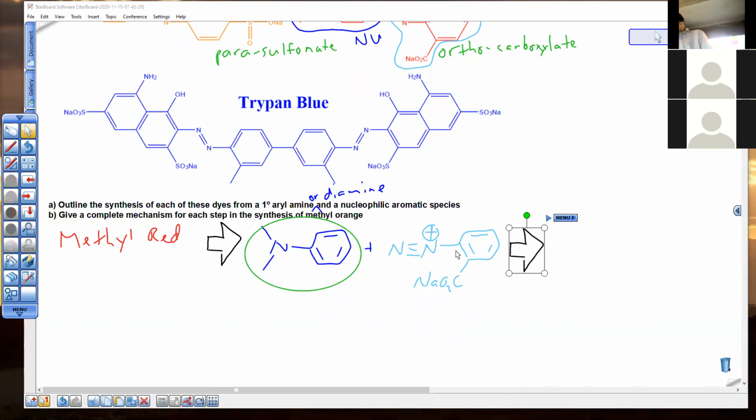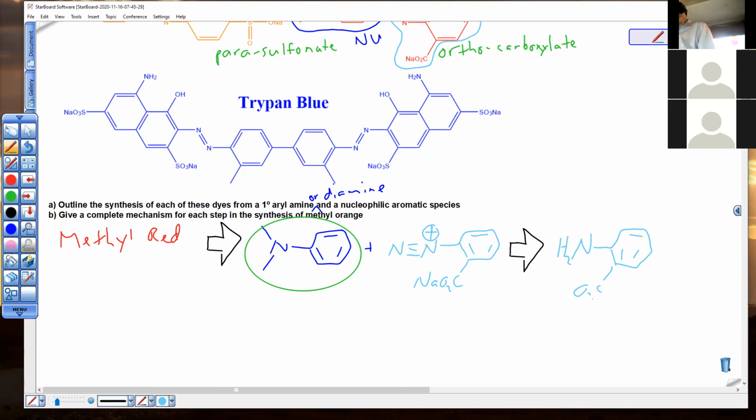The diazonium electrophile comes from an NH2 here. Has to be NH2. Can't have groups on the nitrogen. And that's the other piece right there.